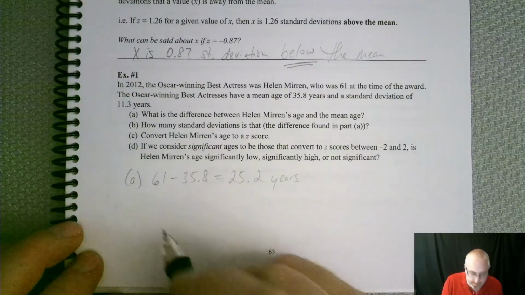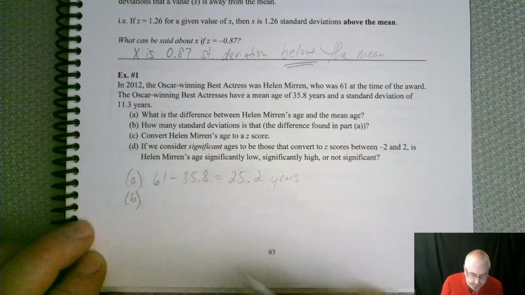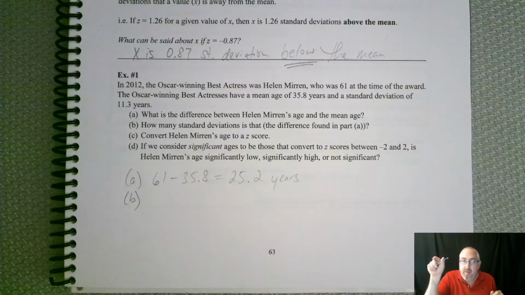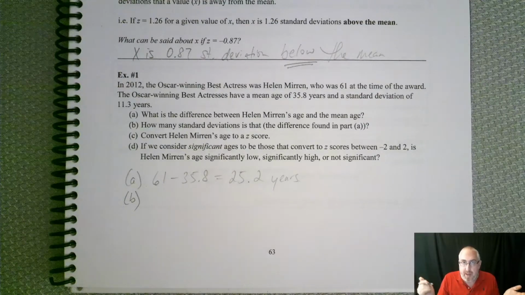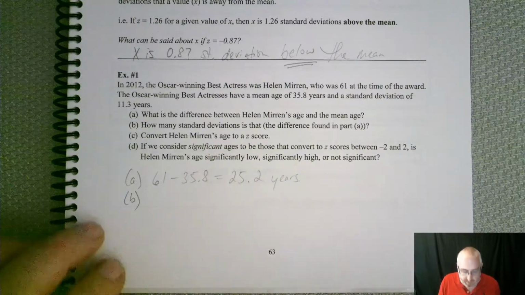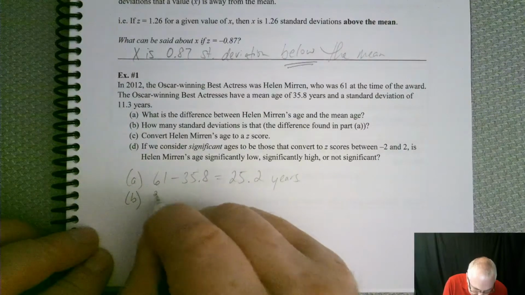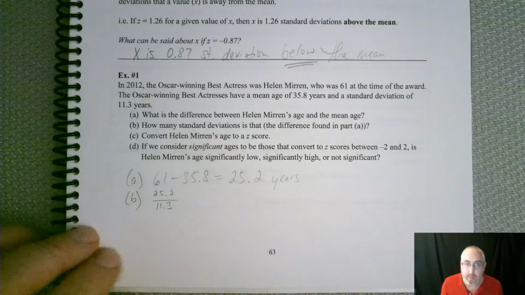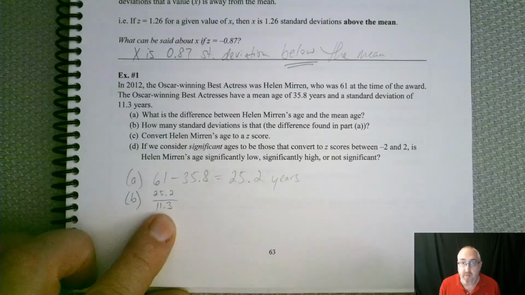So that's quick. It's like that distance on either side. But what did we do with it? We had to determine if it was 1, 2, or 3 standard deviations, and we did that based on what the original standard deviation was. We said this is a multiplier of that, and it was quick to tell because the math was easy. But in this case, it's not so easy to determine precisely unless we just divide it. So the next step is to divide that 25.2 by the 11.3, which was the standard deviation.